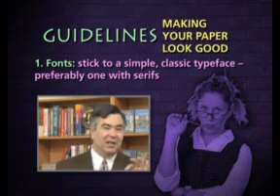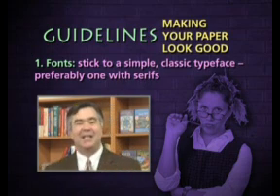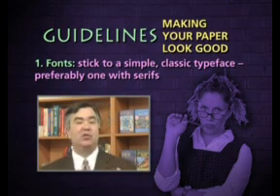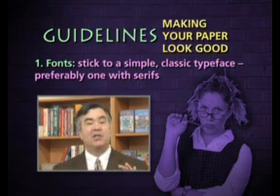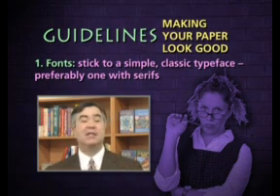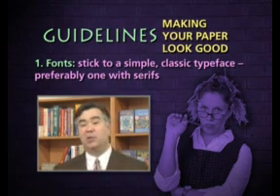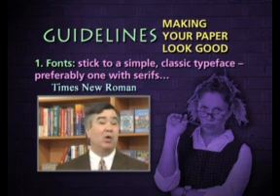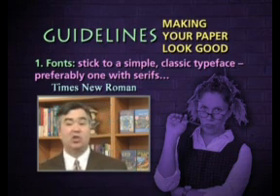Those are the little doohickeys at the ends of the letters that add a slightly formal feeling to the typeface. A typeface with serifs as opposed to one without is considered more appropriate for a research paper. Times New Roman is the default font for many word processing programs, and it's a good choice.